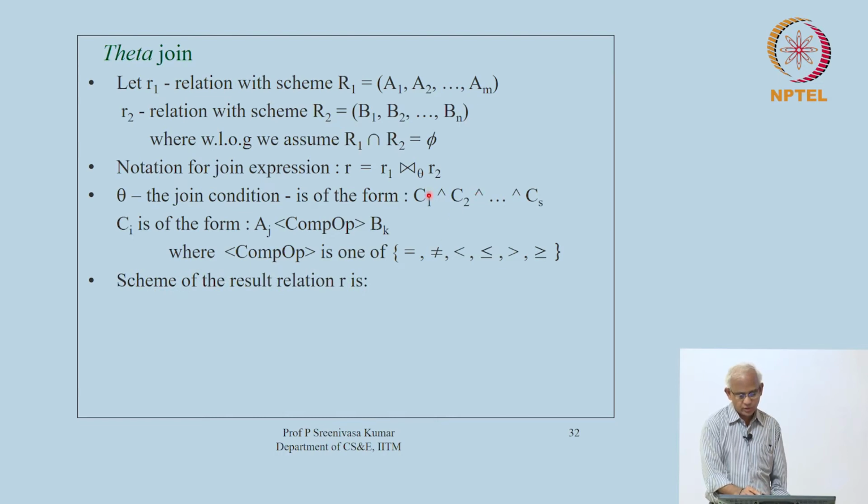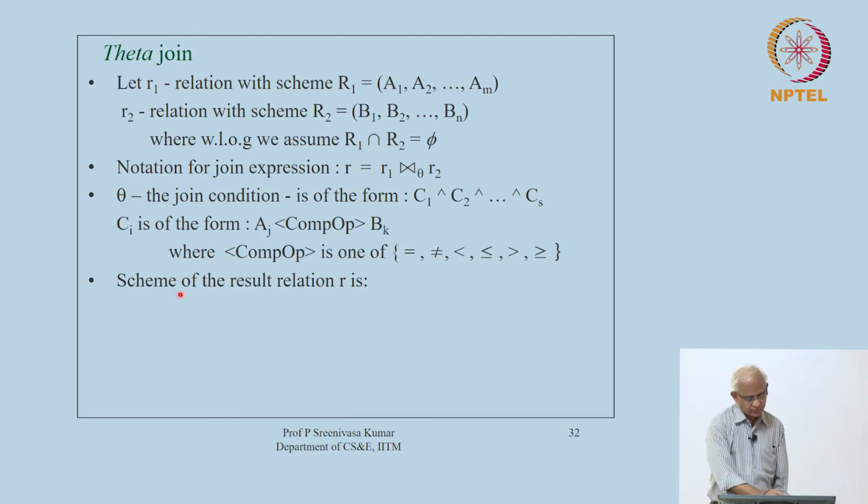Notice that we do not need to bother about other forms with ORs and things like that, because every logical expression can be rendered into a conjunctive normal form. So, we know that, and we make use of that. So, these are conjunctions.